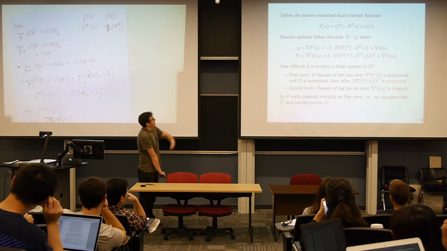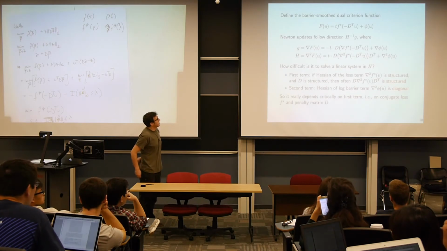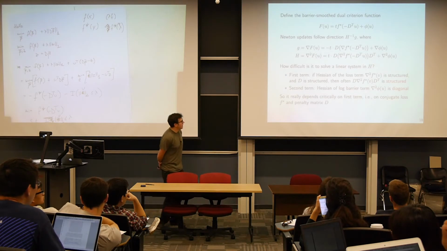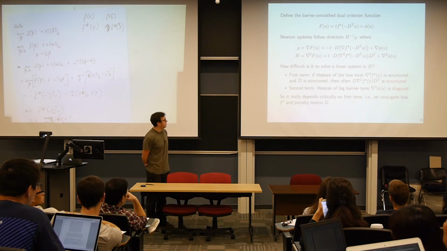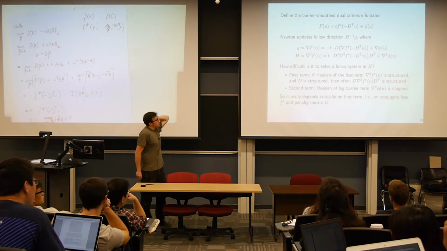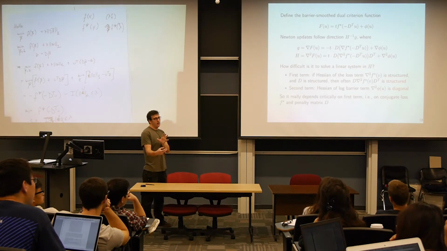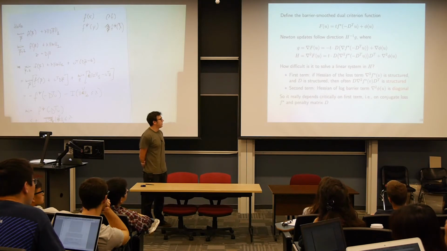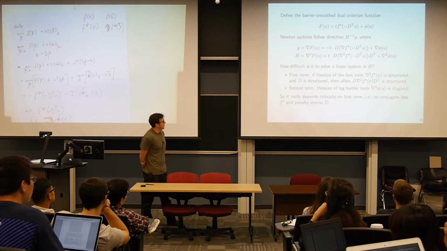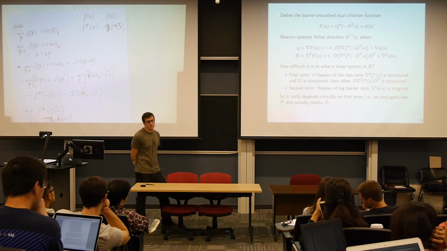So again, we have the function that we're going to apply Newton's method to, and when we write down the gradient and the Hessian in general form, essentially what we get, if we consider the second equation, is the Hessian of the conjugate function of f with D and D transpose on either side. And then we also have the Hessian of the log barrier.